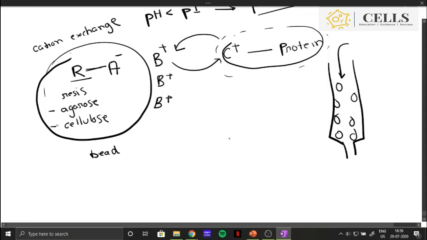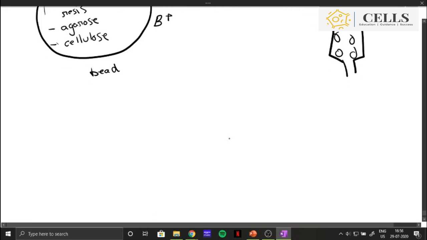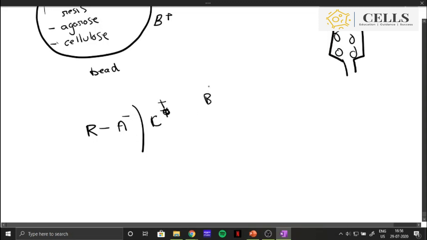Then you will get R bound to A minus bound to C plus. This is a change of ions, and the B plus which was attached there will go down in elution.